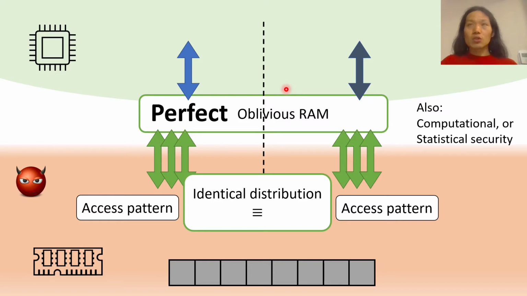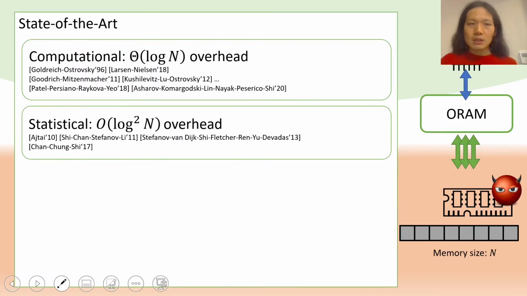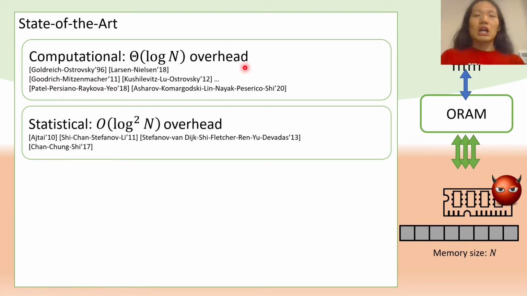There are two weaker forms of security called computational or statistical. There we consider a computationally bounded adversary, or the physical access patterns are only statistically close but not identical. The weaker notions of security are easier to achieve.